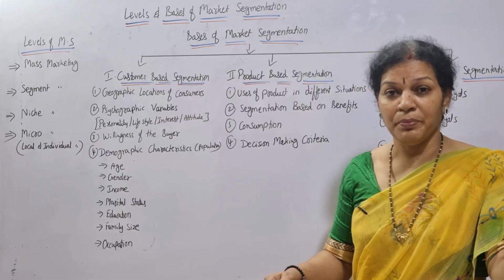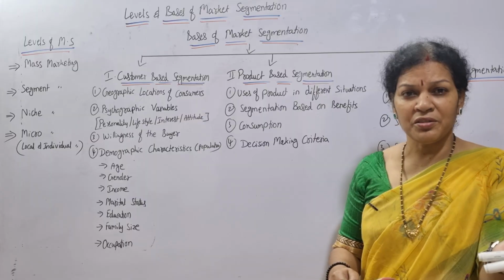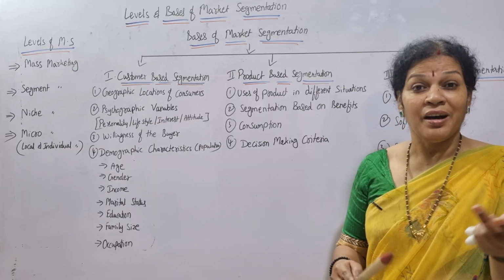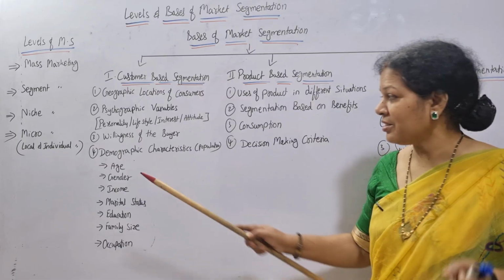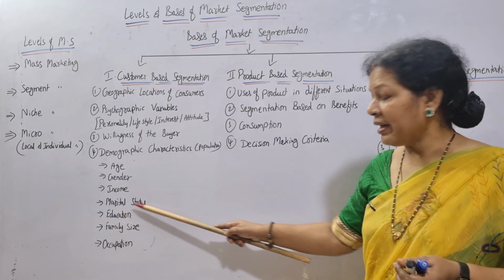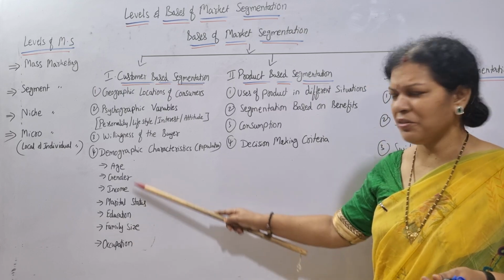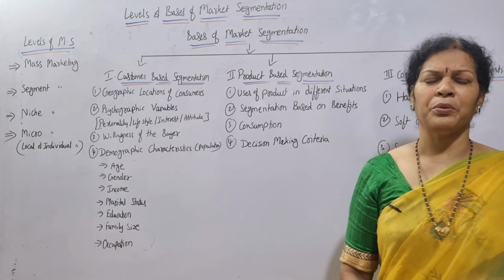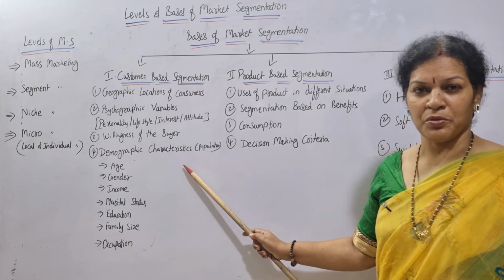Because our product may be based on females, on males, on small children or elders. What is the base of that product? That depends on age, gender, income, marital status, and also education, family size, occupation. All these factors we have to consider from the demographic characteristics point of view.